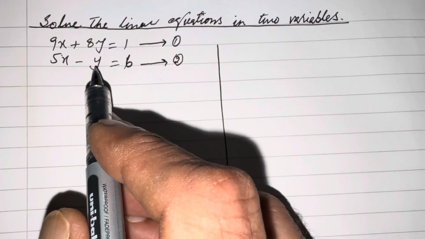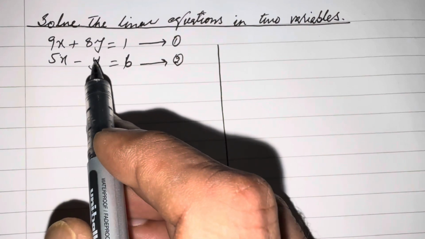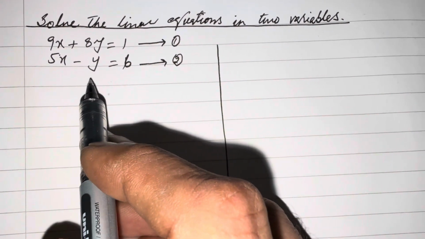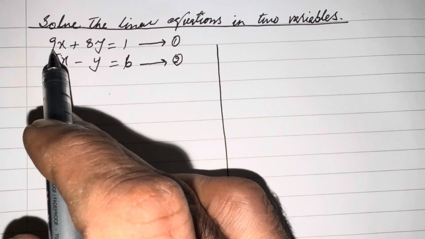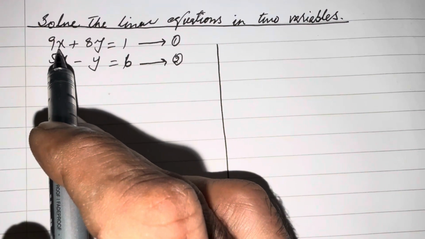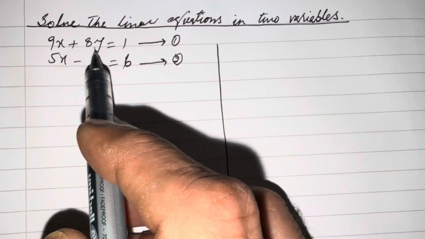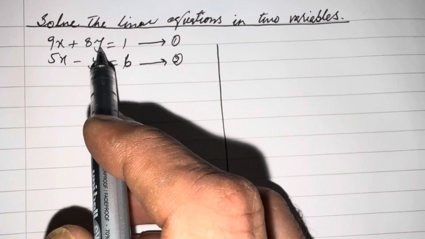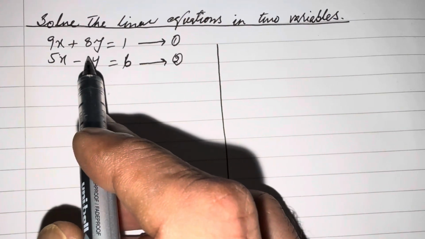So we are going to learn the method that how can we find the values of x and y step by step. So first of all, we have to see if there is any one of the coefficients of one of the variables that have the same coefficients.